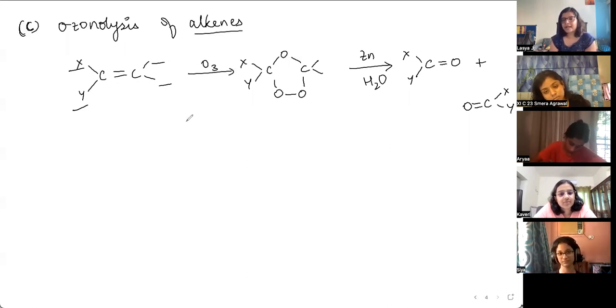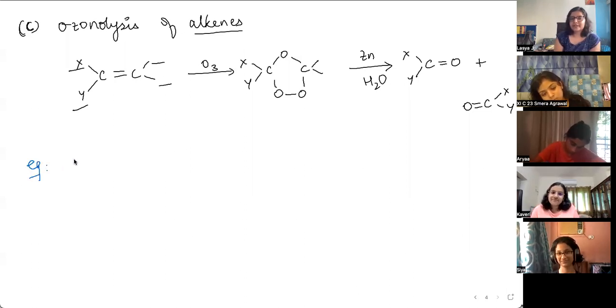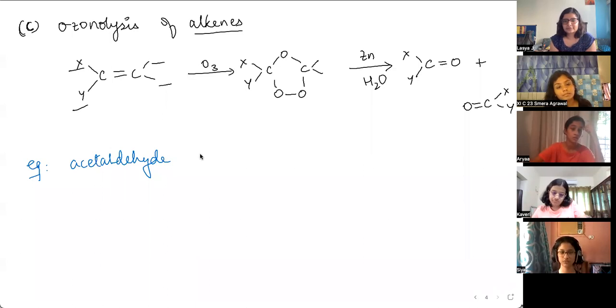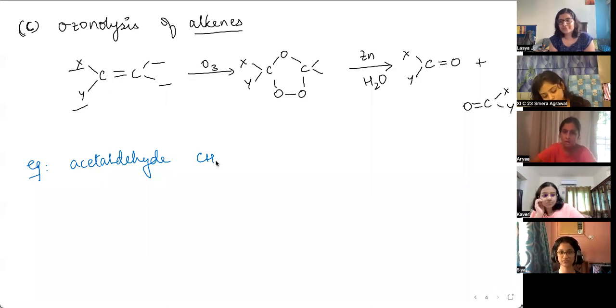If I want to prepare only acetaldehyde, what alkene should I start with in this reaction? Reverse engineer it. What is the structure of acetaldehyde? Butene. Butene is right, but be more specific. Where should the double bond be?